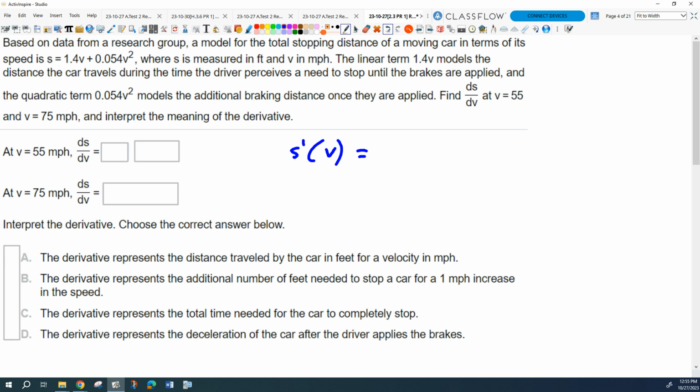First term we get 1.4, plus 2 times 0.054, so 0.108 V. Okay, so at 55 miles per hour, what is S prime of V?